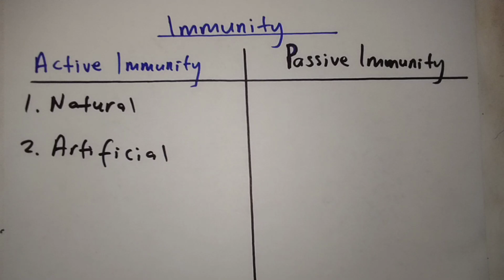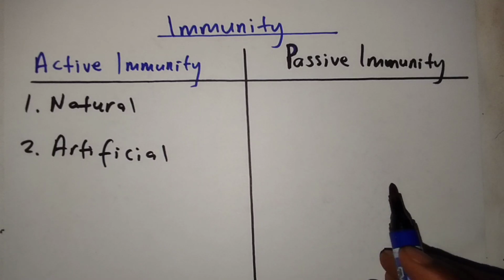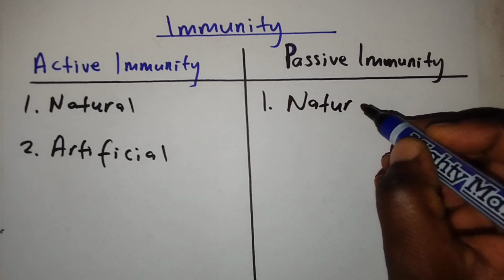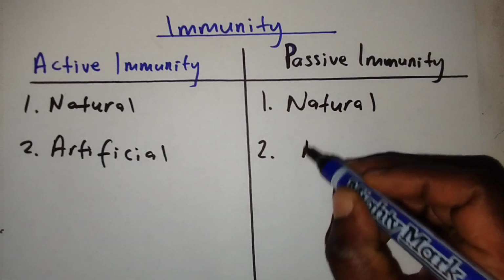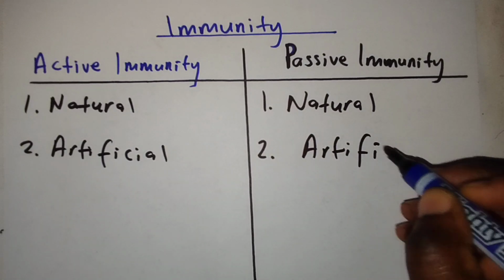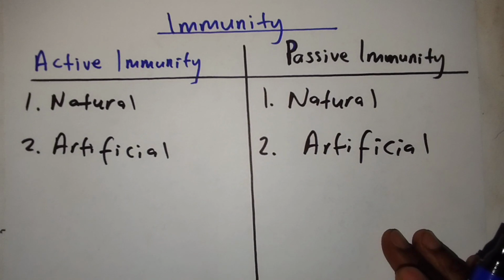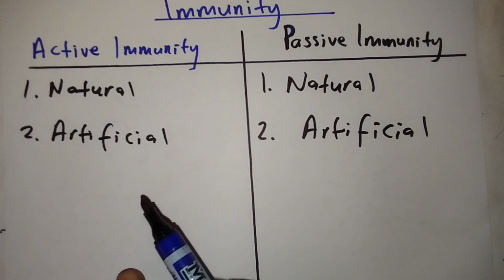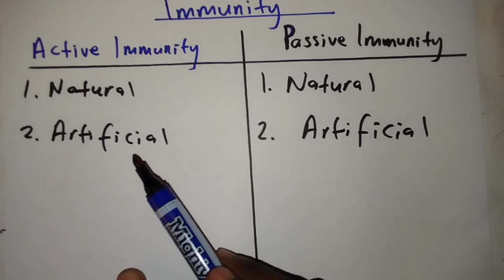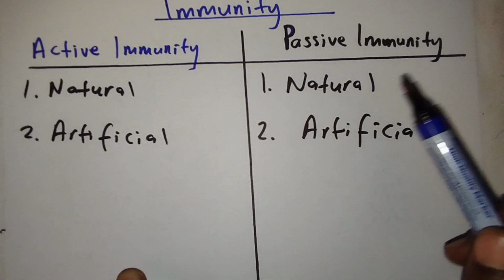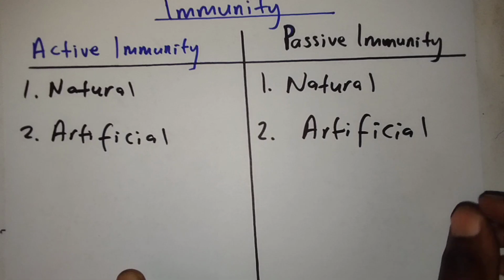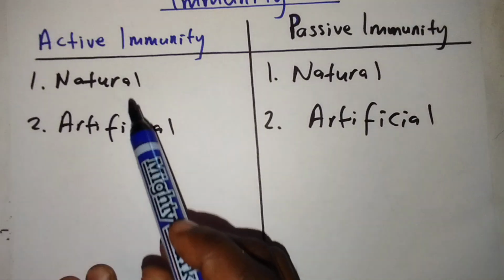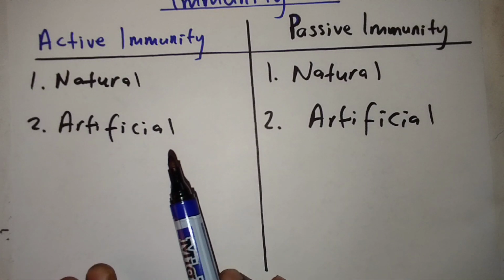Also under passive immunity, we've got the two categories, that's natural passive immunity and also artificial passive immunity. As I said before, under active immunity, the antibodies are made in our bodies after an infection enters our bodies, but under passive immunity, ready-made antibodies are introduced. So I'm going to further discuss these two categories under each type of immunity.